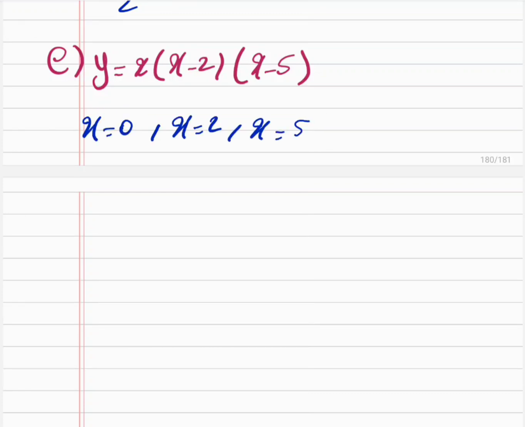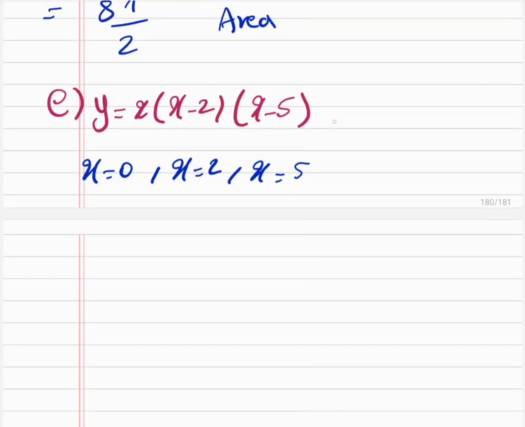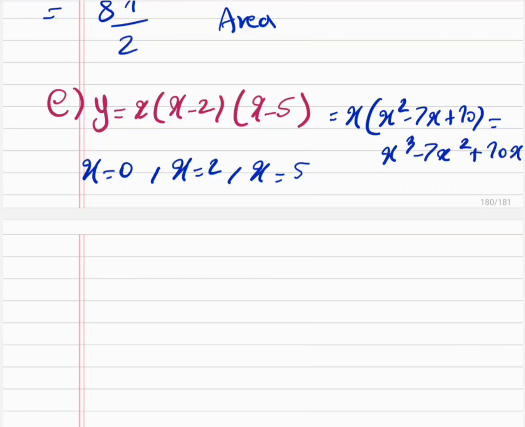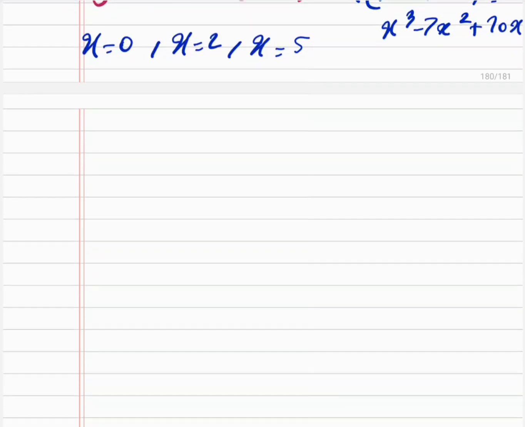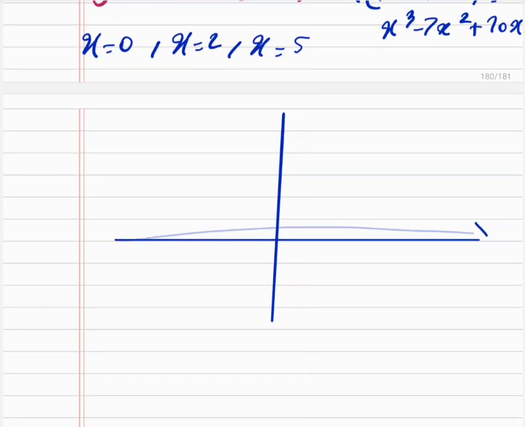These are the solutions, and we can also expand this bracket because we are going to need that later. So we have x squared minus 7x plus 10, and then we expand this, so we get x cubed minus 7x squared plus 10x.